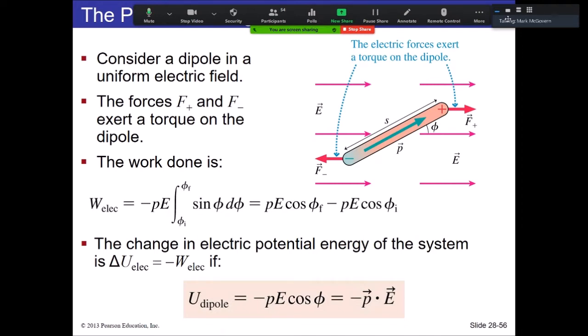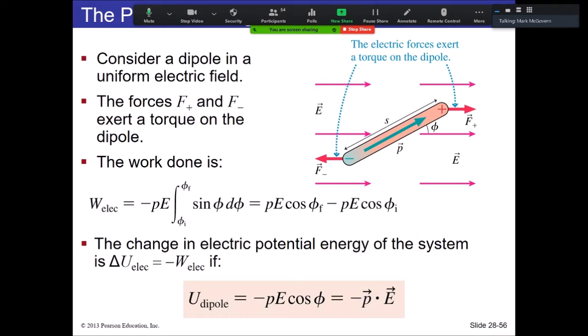There is no translational motion in a uniform electric field because the forces are equal and opposite, but they occur about the center of the dipole, and therefore they will induce a rotation.